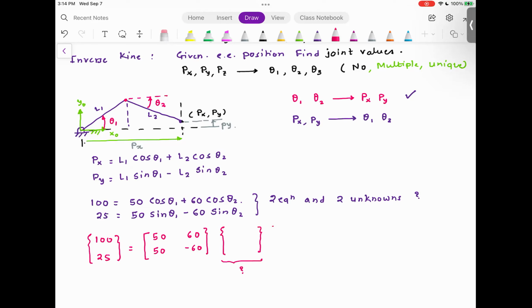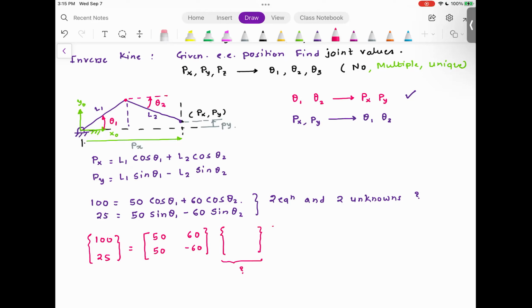Do you agree with me? At that point, I can grab tan theta 1 by 2 and tan theta 2 over here, and I can independently solve those equations. Everyone understood this? This is the standard technique that is used when you are trying to solve the inverse kinematics problem.